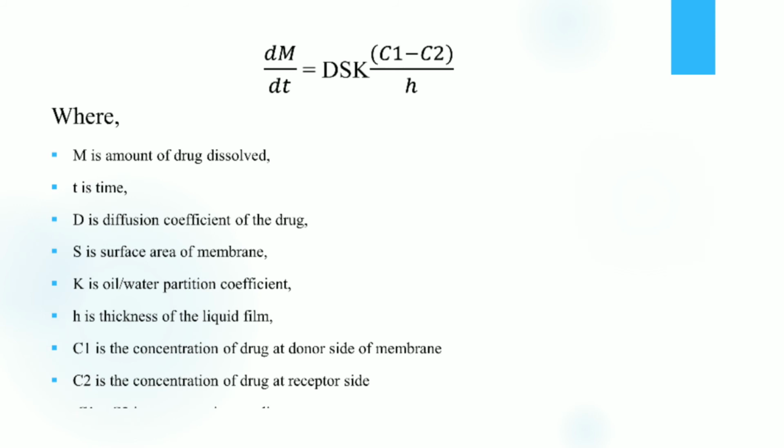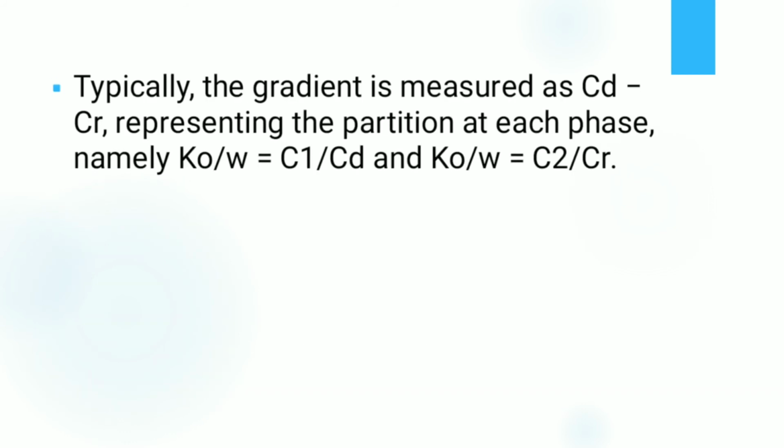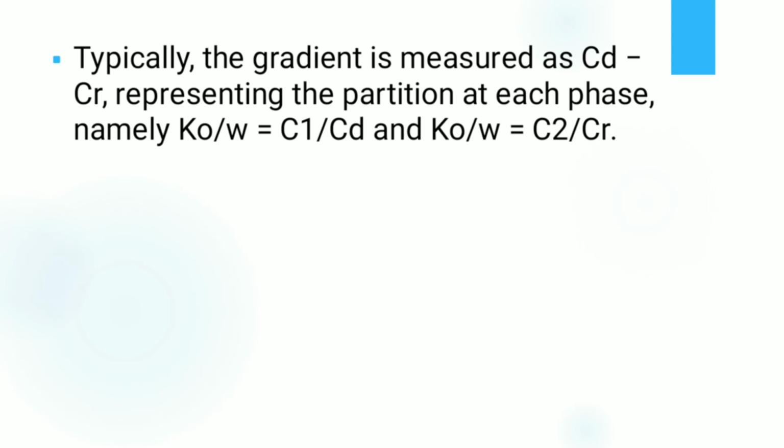However, C1 and C2 are not measured since their values vary within the membrane. Then, typically, the gradient is measured as CD minus CR, representing the partition at each phase, namely K o/w is equal to C1 upon CD and K o/w is equal to C2 upon CR.